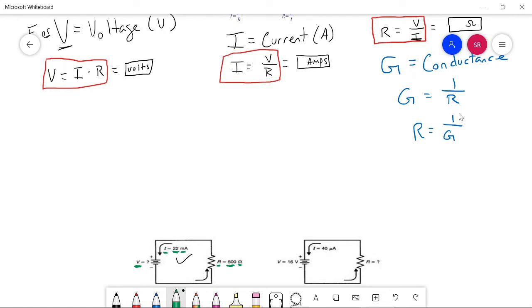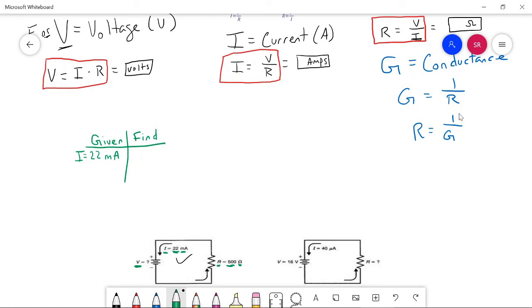So, given and find. It's basically a chart that lets you identify all the pieces. So what's given in this circuit? Well, given is I, right? You can see I is given. I is 22 milliamps.